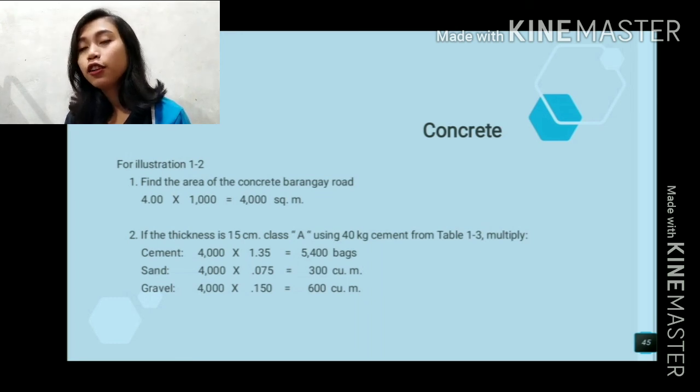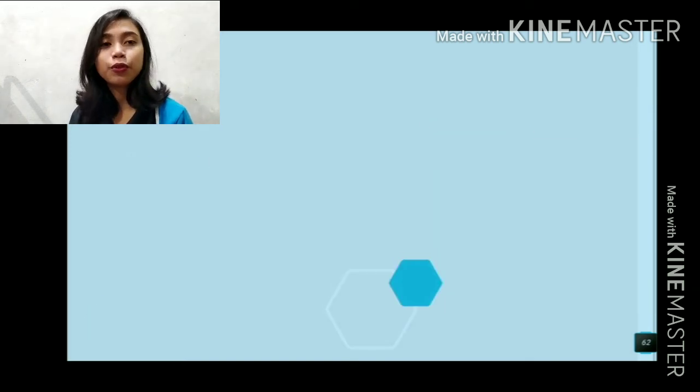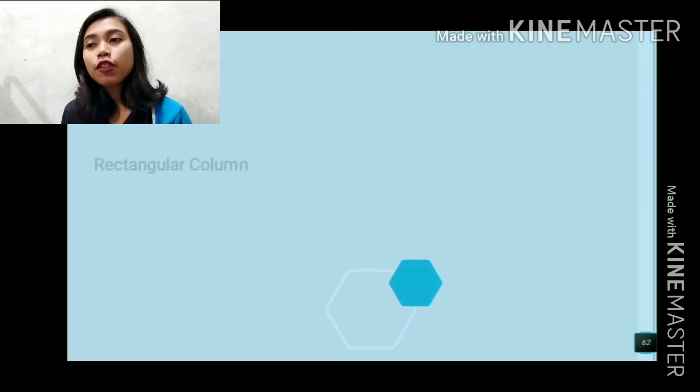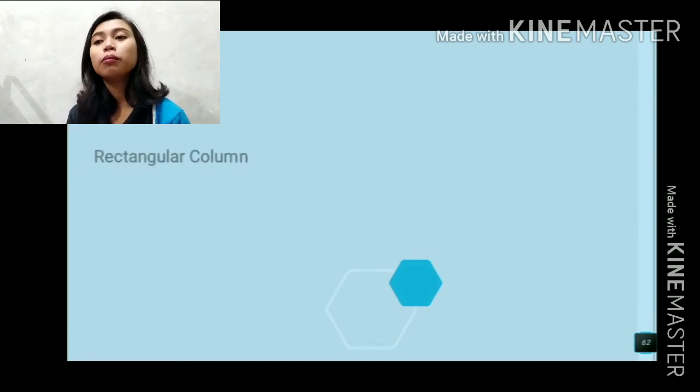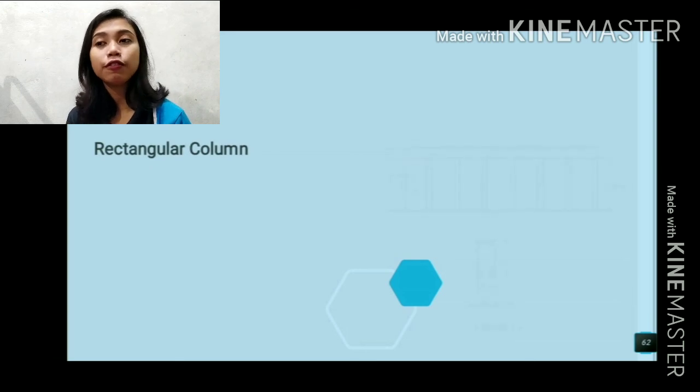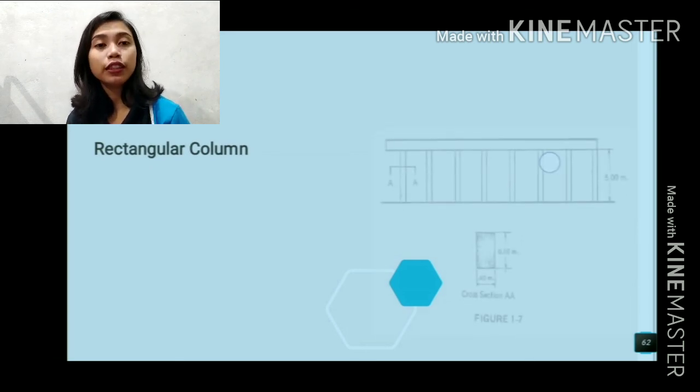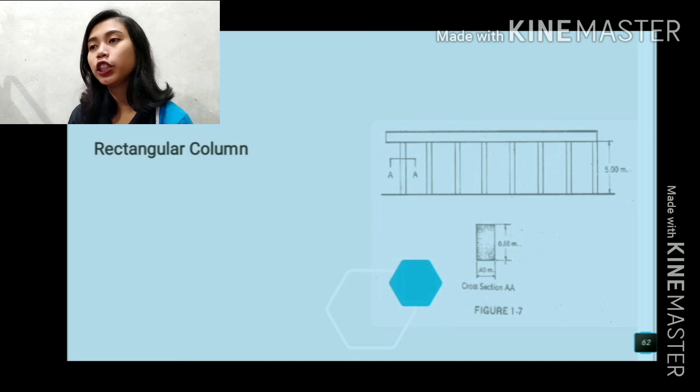For sand, 4,000 square meters multiplied by 0.075 is equal to 300 cubic meters. And in gravel, 4,000 square meters multiplied by 0.150 is equal to 600 cubic meters.